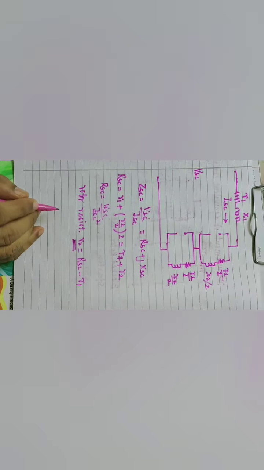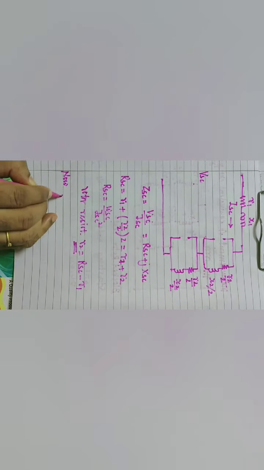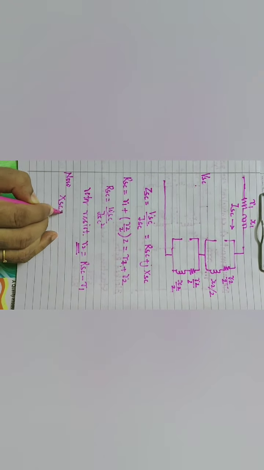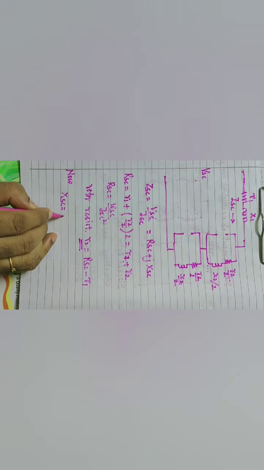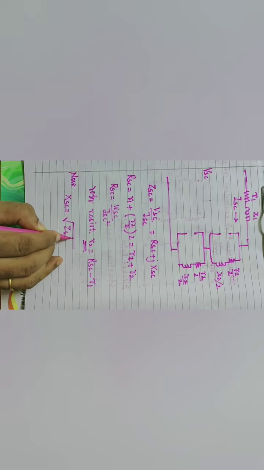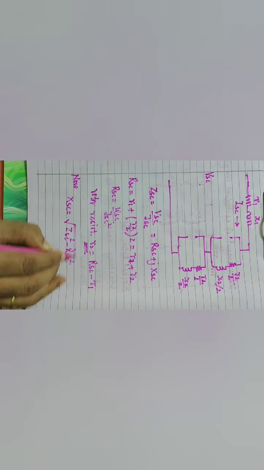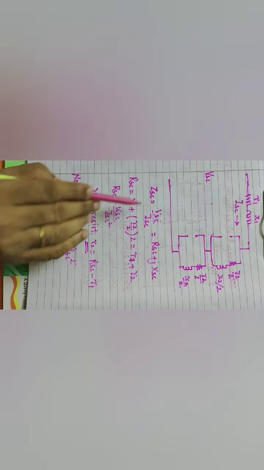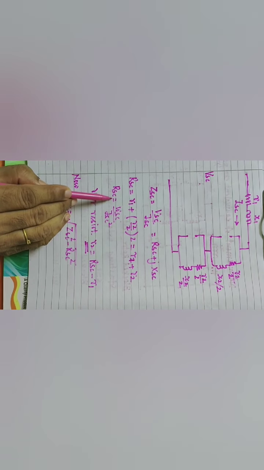After determination of rotor resistance, calculate XSC, reactance under block rotor condition. From this formula, this is nothing but the square root of ZSC square minus RSC square. ZSC from this, RSC from this formula.